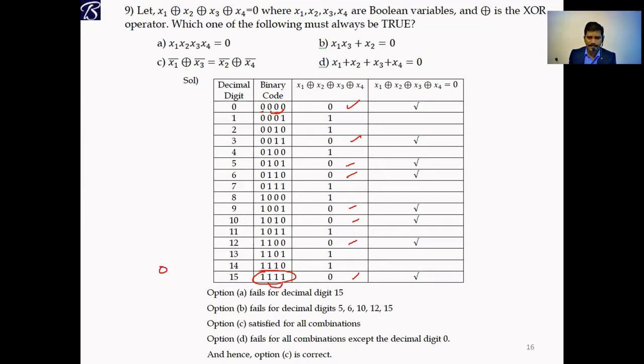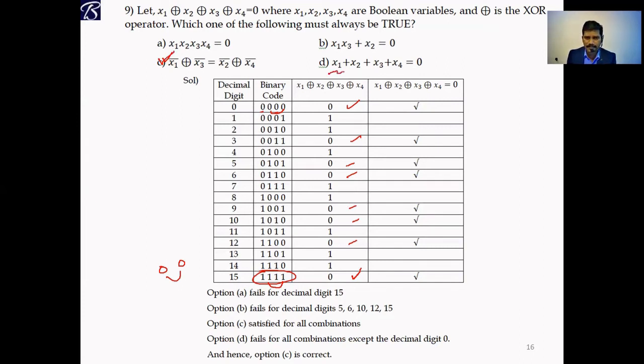Like that, if you apply for this also, both inputs are the same, so the output is 0. So for XOR operation 0, 0, this output also becomes 0. So condition C is matched for all these zeros. Hence option C is correct.